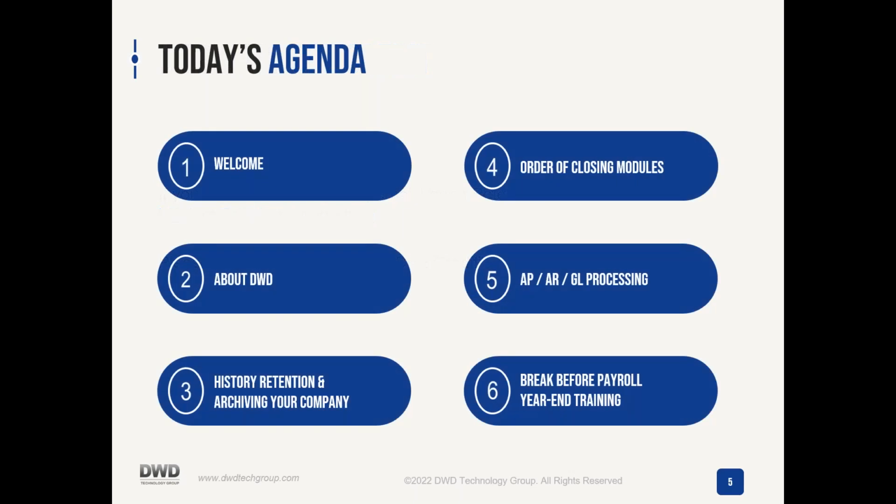What are we going to do today? Well, today we just did a little brief welcome. I want to share a little bit about DWD for those of you who may not be terribly familiar with us. I want to talk a little bit about maintaining history and archiving your company as we roll forward year after year. We're going to talk about the order of closing modules. What kinds of things do we need to be aware of as far as AP, AR, general ledger, a little bit of inventory.